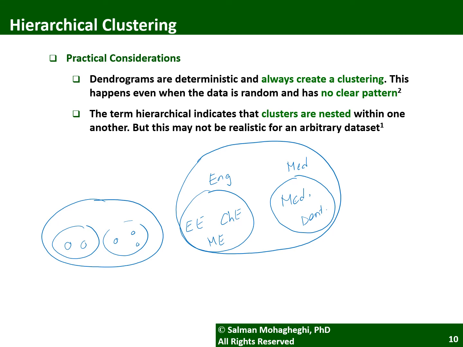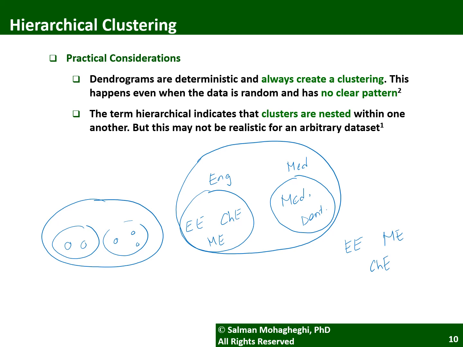Now imagine another scenario in which you have a series of, for example, EE and ME and chemical engineering students who are boys and girls. So here, gender and major don't really have anything to do with one another.